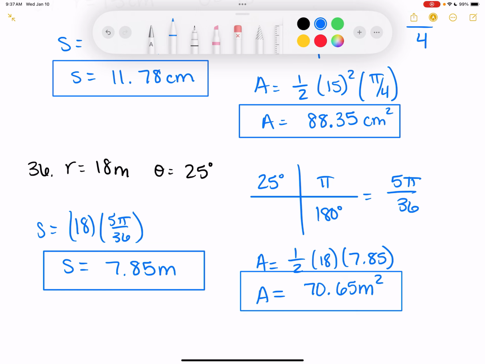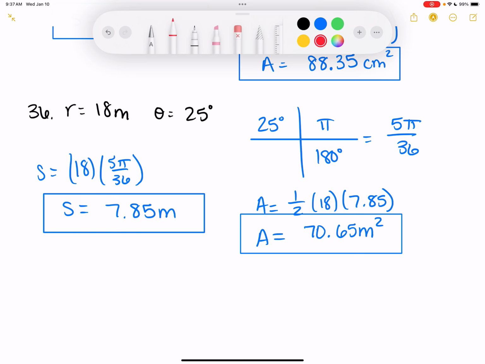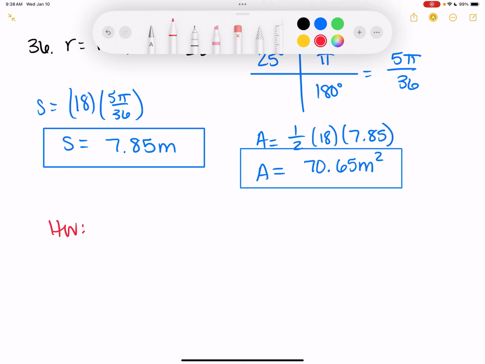All right. Then to add on to what you had the other day, 33, 35, and 37.